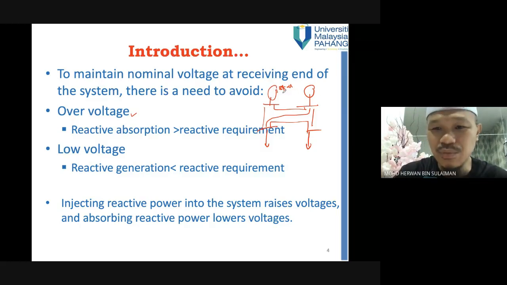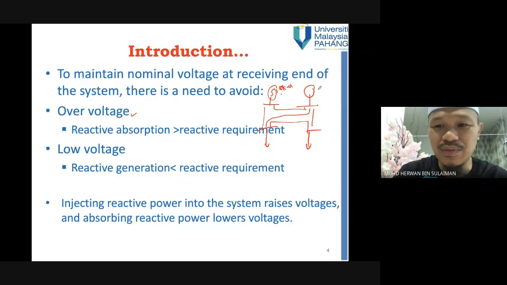That's why sometimes when we look at the reactive power of the slack bus, normally it sometimes becomes negative. Negative meaning that dia absorb the reactive elements. Okay, maknanya dia absorb the reactive elements. So that's why dia ada slack bus. Okay, kalau kurang dia tambah lah.